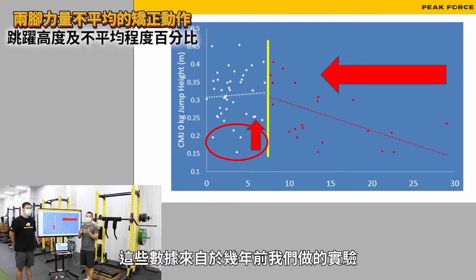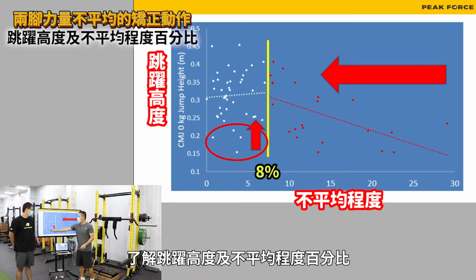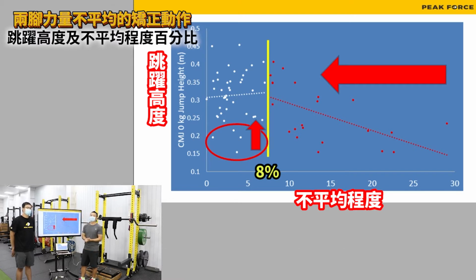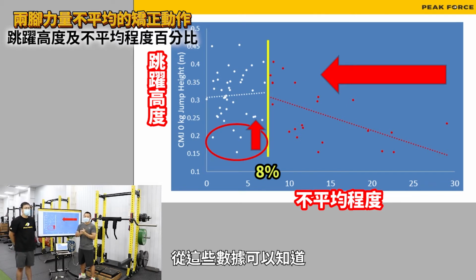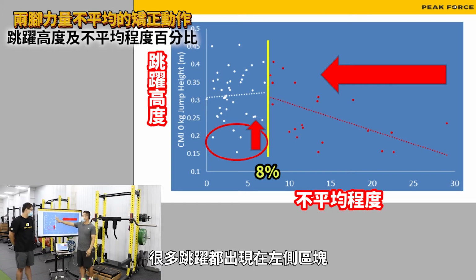So this is from the research data that we did years ago and looking at the jump height and amount of asymmetry in percentage.